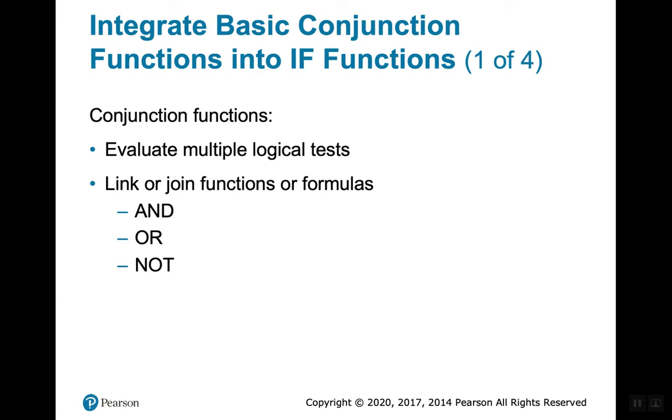This is where we talk about these different kinds of link or join functions: AND, OR, and NOT. So this is like, if something is not equal to something, or if something is equal to something and something else is there, or something is equal to something or something.